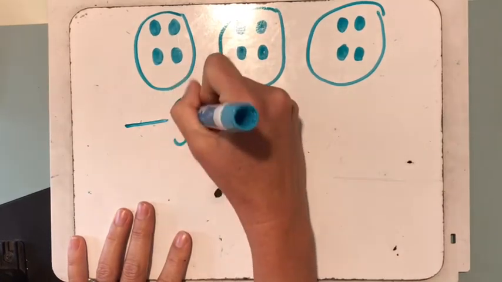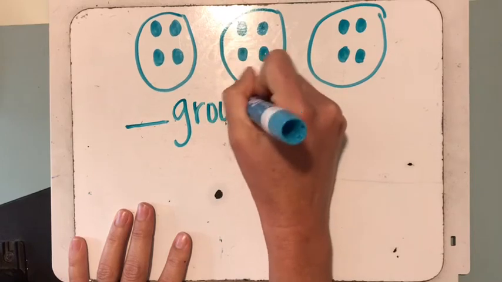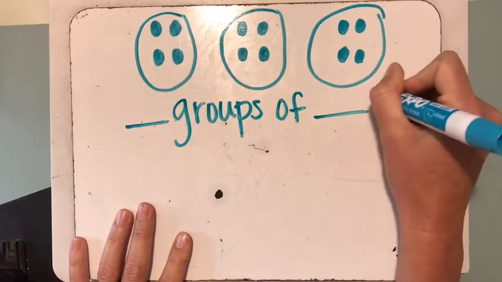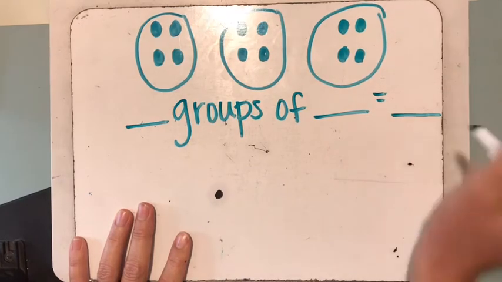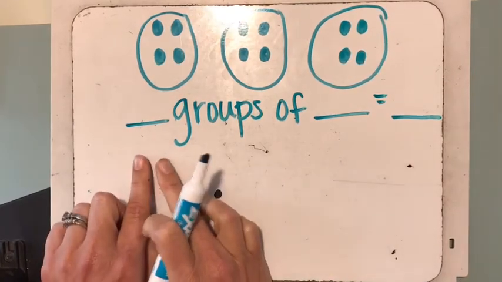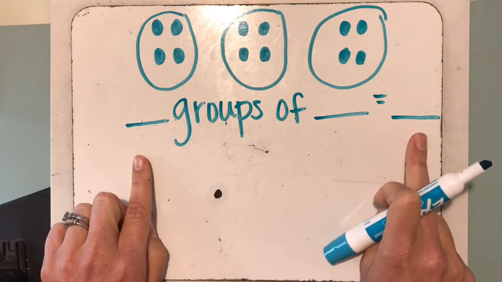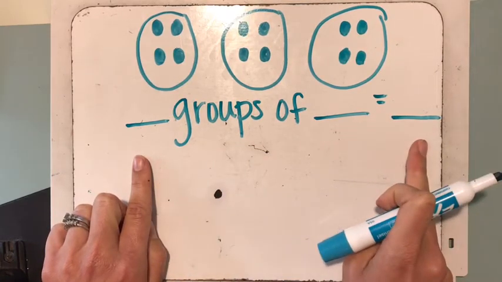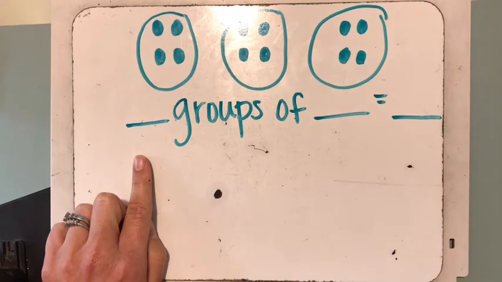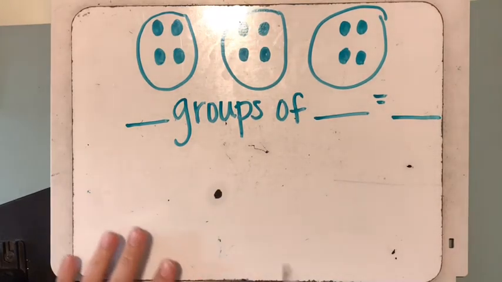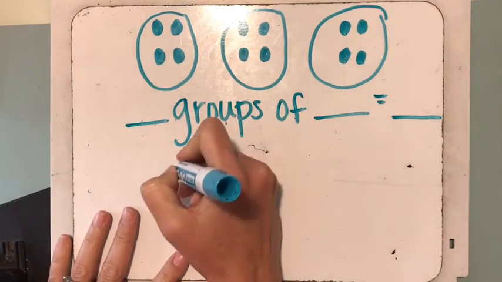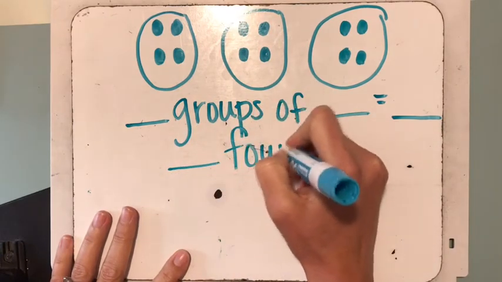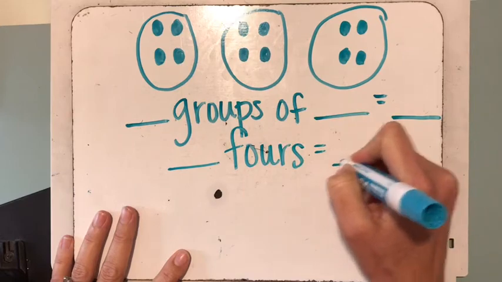Blank groups of blank equals blank. So I want you to pause the video and write this down. Blank groups of blank equals blank. And then the next one you're going to write is blank 4s equals blank.